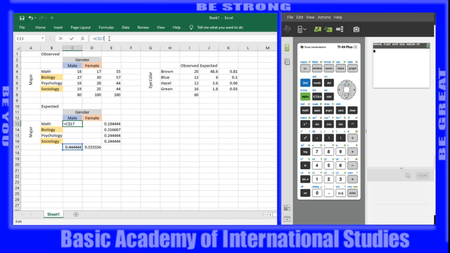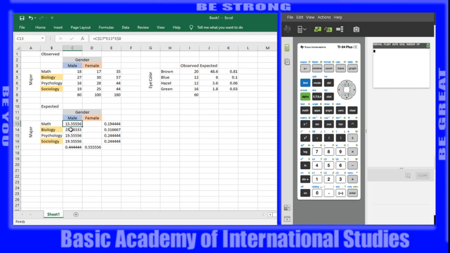Then I'm going to tell it to multiply that by the number in this row, and finally by the total number of people, which I'll also tell it, once again, do not change this. That little dollar sign literally just means don't change the number. I want to be able to just copy straight down, because as long as it's copied down, then I have all of these things done correctly. And these are the expected.